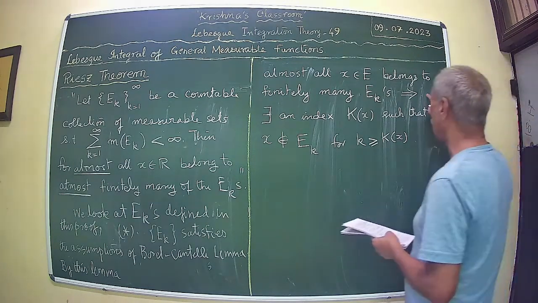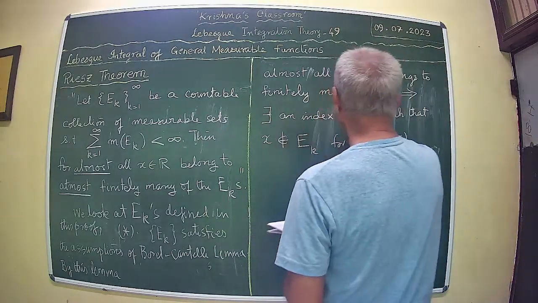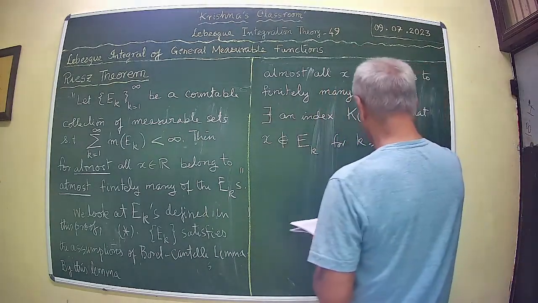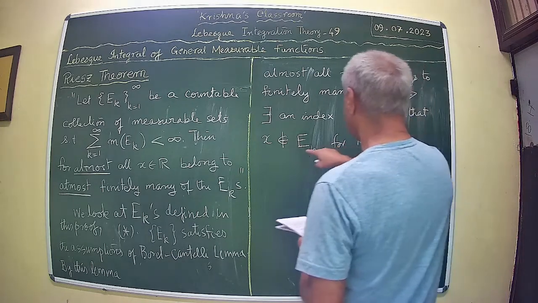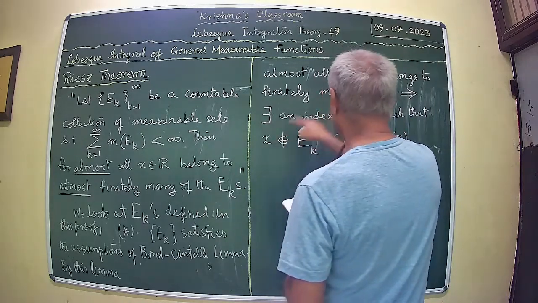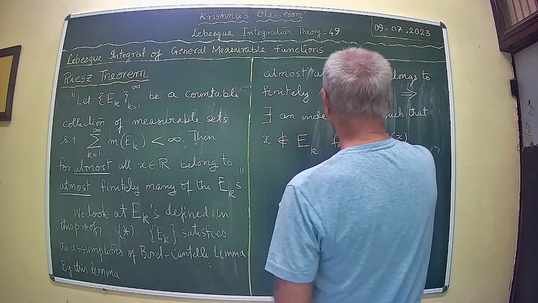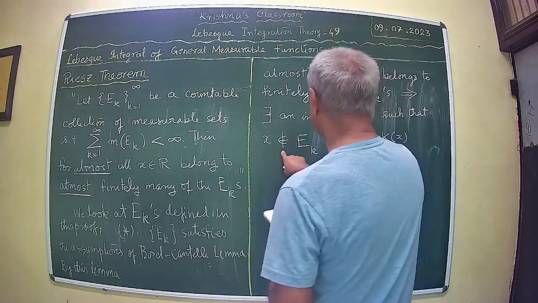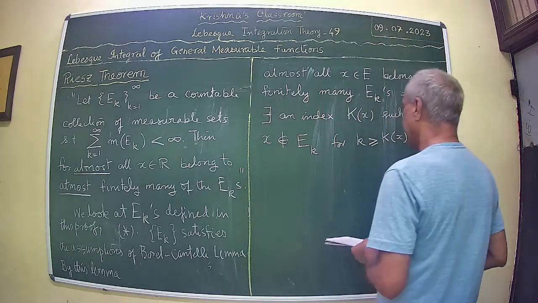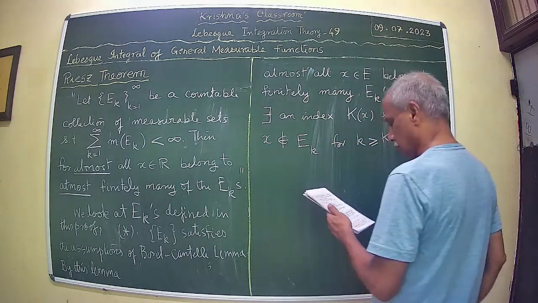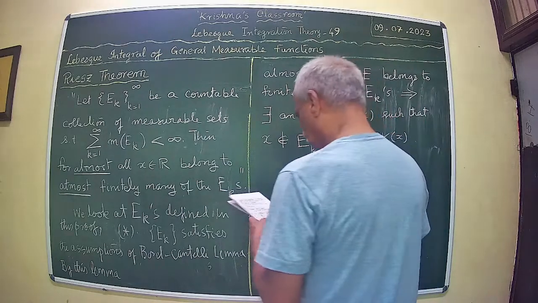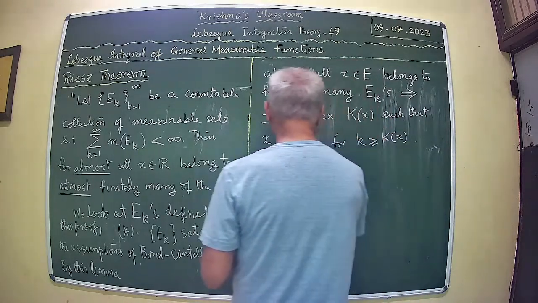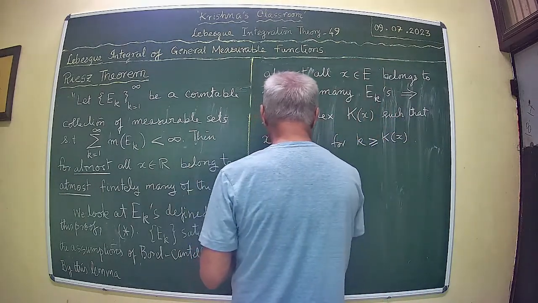Therefore, for almost all x in E there is a corresponding kx that you can find such that x does not belong to Ek for k greater than or equal to kx.